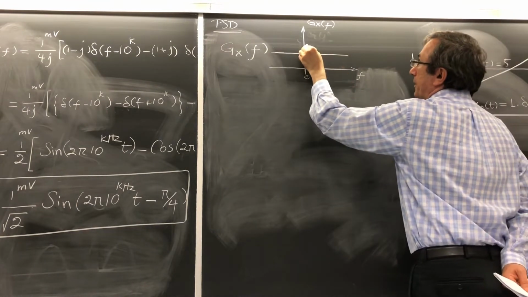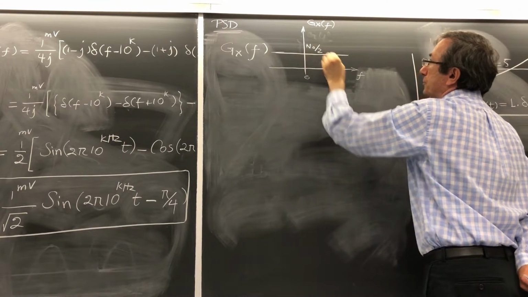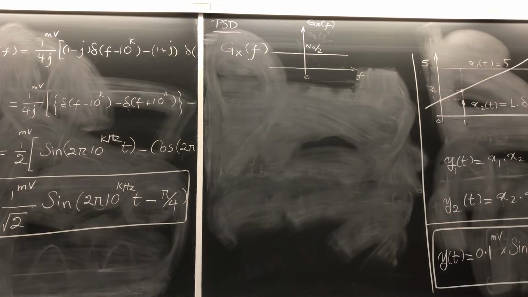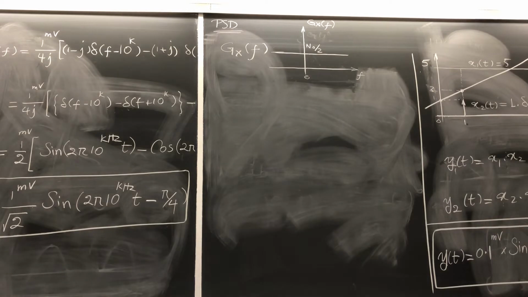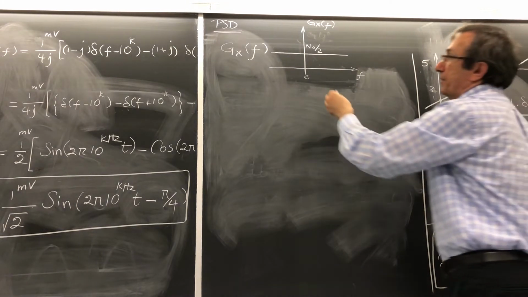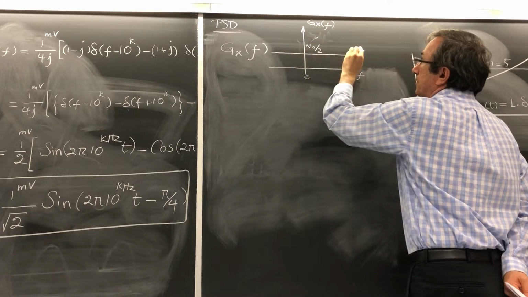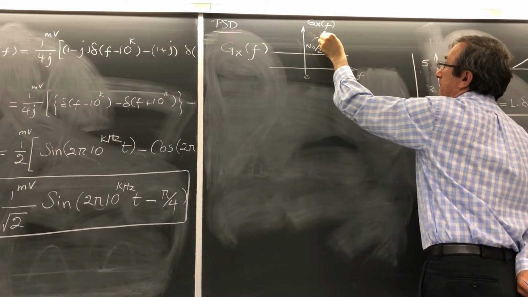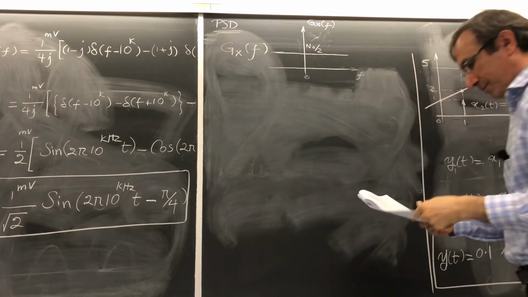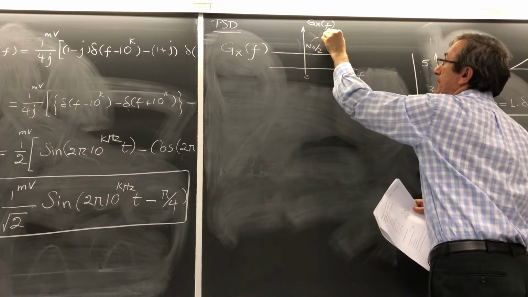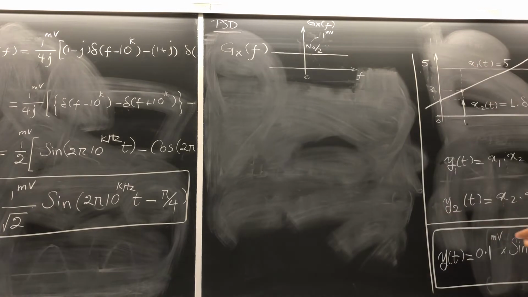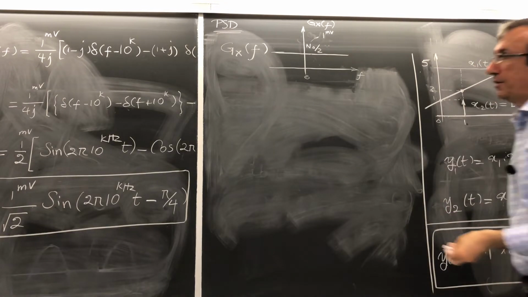And that would be N0 over 2 because of the bilateral spectrum we're providing here, or spectral density. And what was N0? That was the RMS value, right? How much there? 1 millivolt.